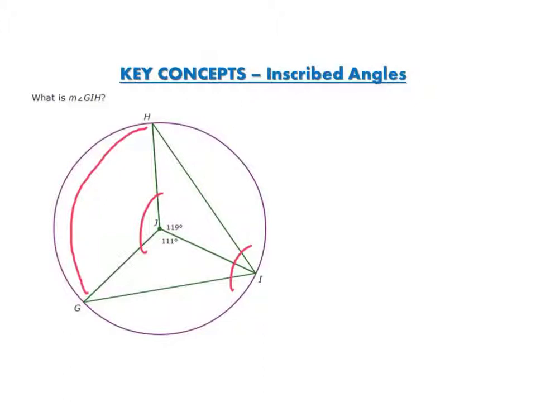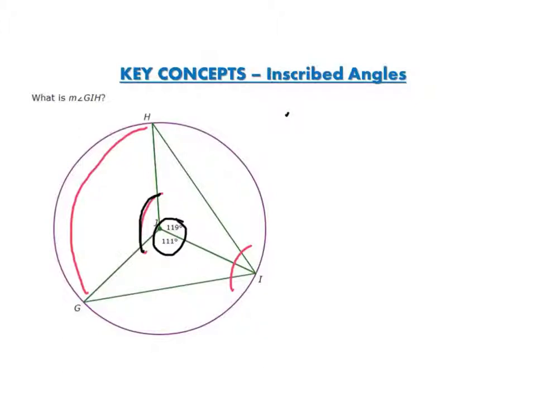To figure this out, we have to look at these two sections. This whole circle equals 360. So I have to take 360 minus 119 and 111.